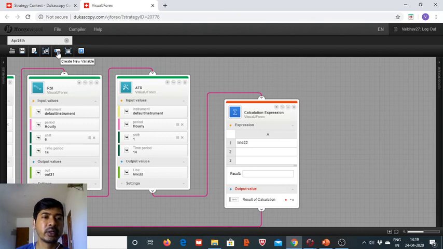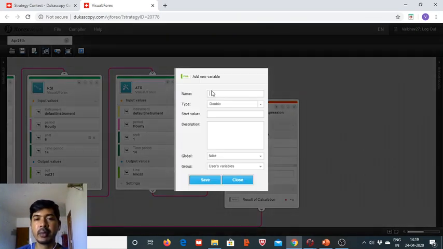We create a fresh variable here and its name, entry pips we can say.